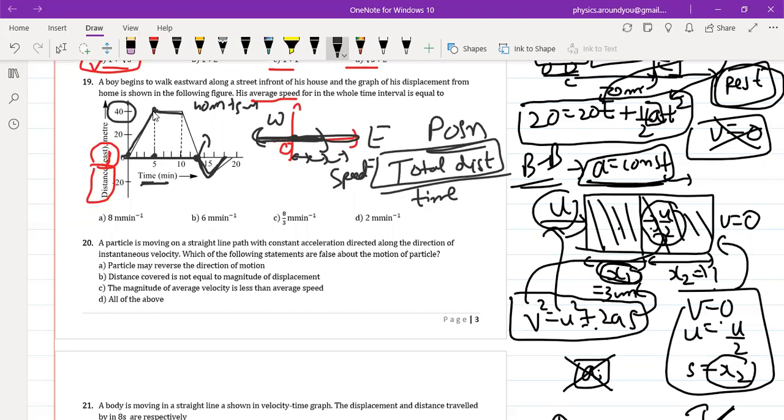Then he didn't move at all, because at every time instant between 5 to 10, he is at the same distance, right? He didn't move. Now, between 10 to 15, again he covered 40 meters. Why 40? Because initially he was at 40, now he's at 0, so he covered 40 meters.